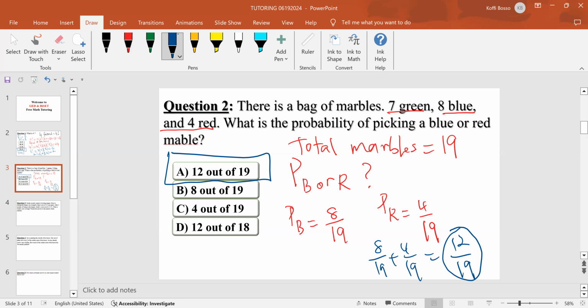Another way to solve it, you could just do 8 plus 4, that gives you 12, and you do 12 out of the total, the 19. So here the word or means you add the marbles from the blue and the red. Understood? Yes.